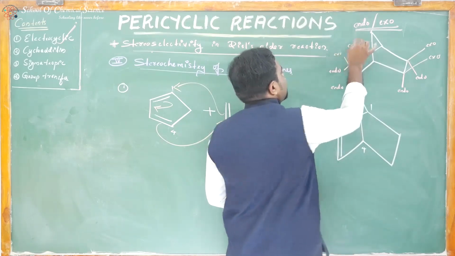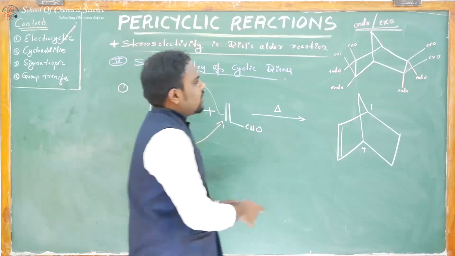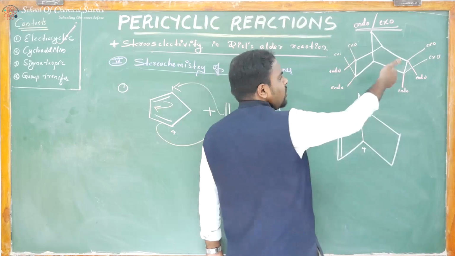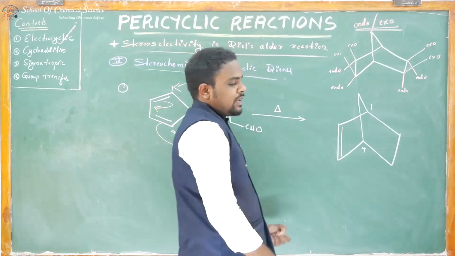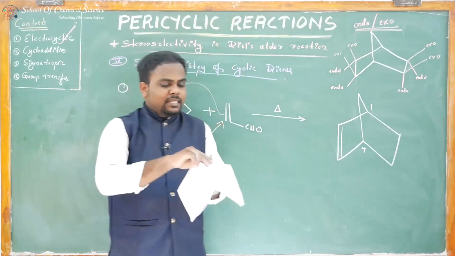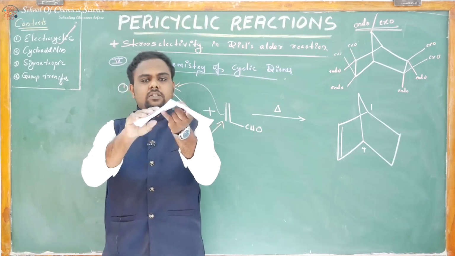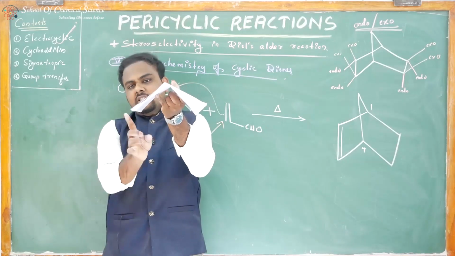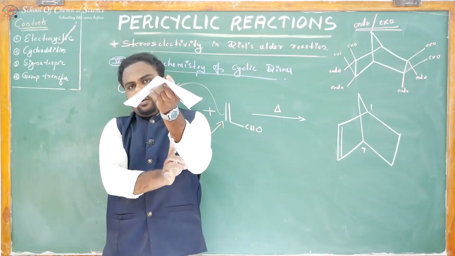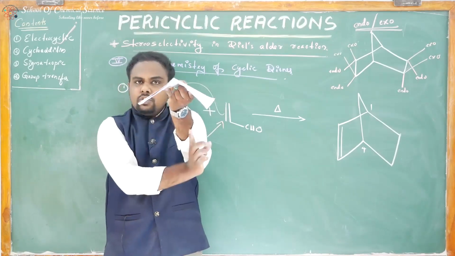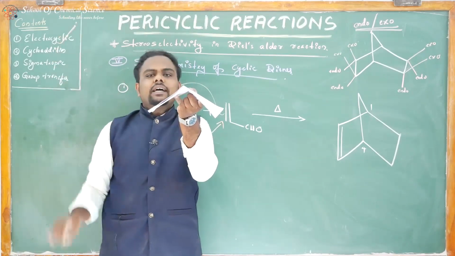So in a norbornene system, there are four corners: first, second, third, fourth. Below is called endo, above is called exo. For example, consider this as a norbornene system, like a curved surface. Those substituents below the curve are called endo, and above are called exo.